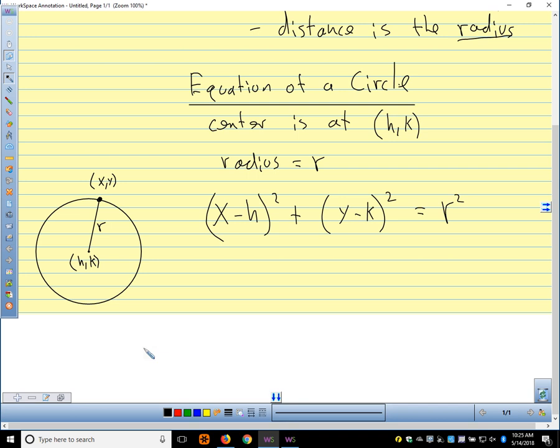So, nice, easy equation. I just want to do a couple of example problems using that equation. Really, that's the big idea for today. This is the equation of a circle. Are we good there? Okay.